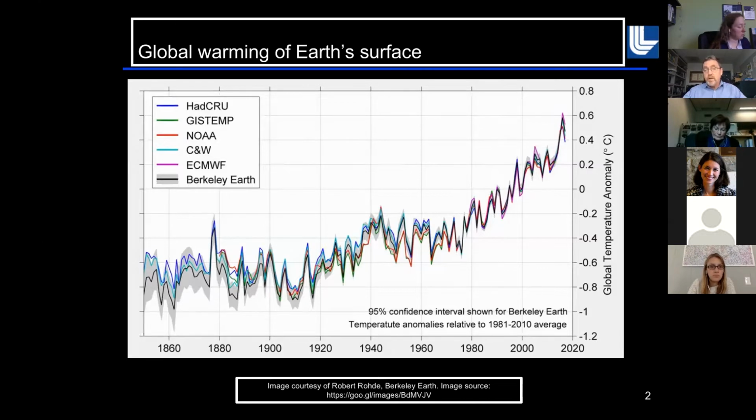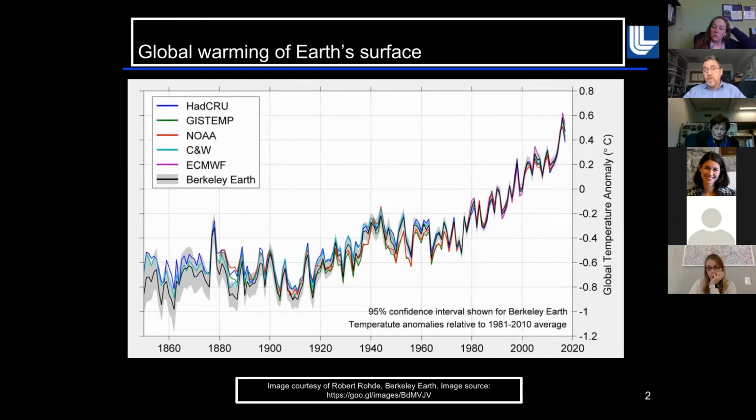You can see that all of these 6 different estimates made by different groups using different ways of processing the same raw surface temperature measurements concur in showing a picture of a warming Earth.